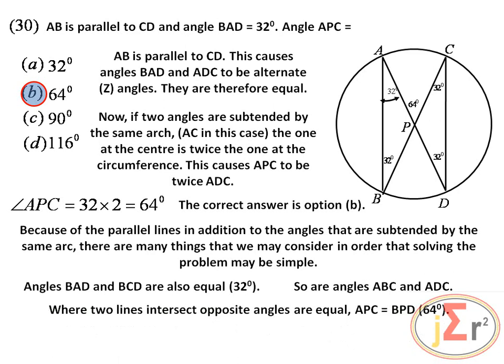Where two lines intersect, opposite angles are equal. So APC is equal to BPD because these two angles are opposite to each other on intersecting lines.